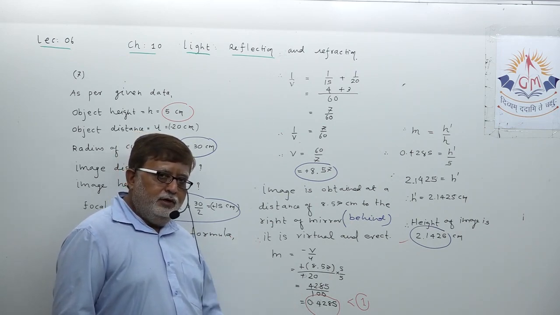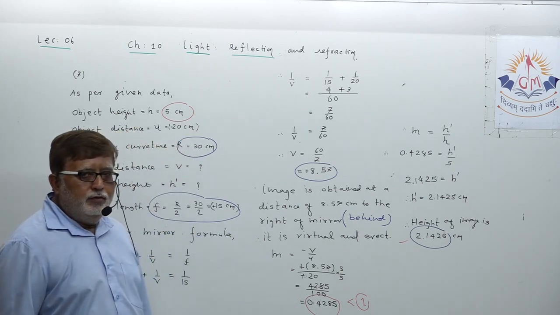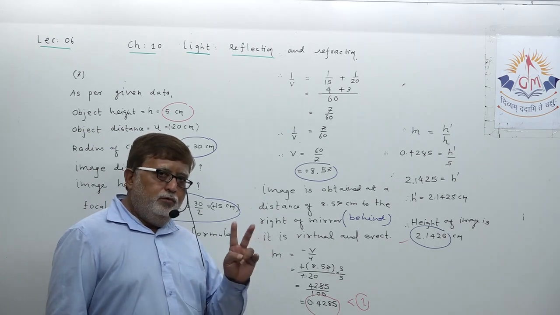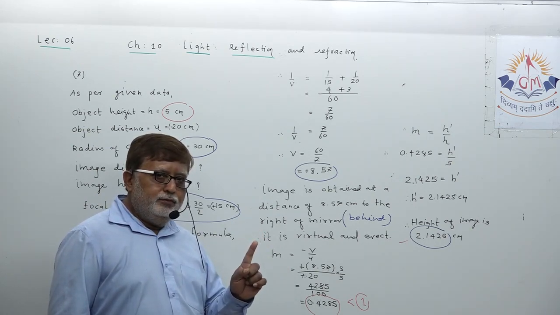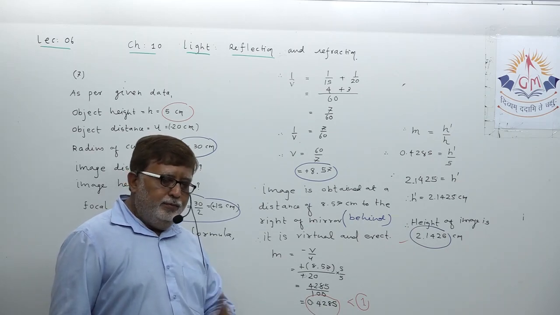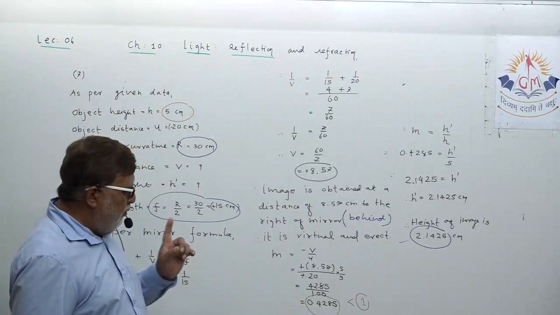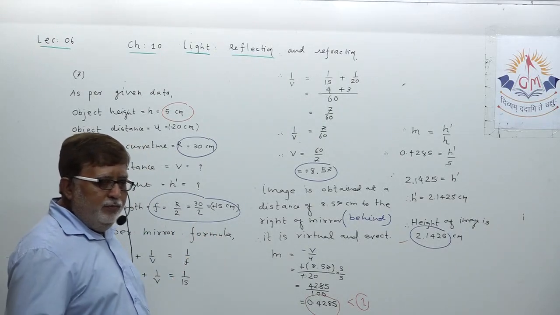This can be the one-liner or MCQ. Value of magnification for convex mirror is blank. Remember which two words? Always positive, less than 1. Make it very clear in your mind. What I spoke, well, please just make a note of this.